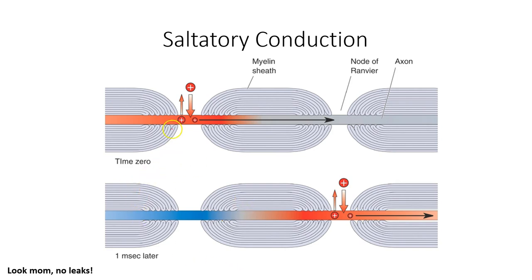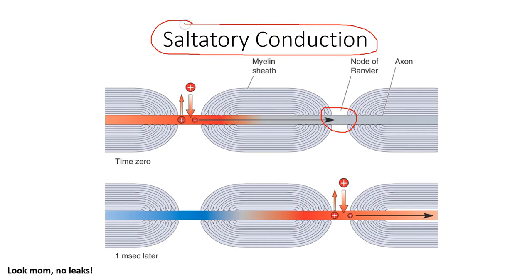In fact, myelinated axons only have voltage-gated sodium channels at the nodes of Ranvier. Underneath the myelin, there are no voltage-gated sodium channels at all. So what myelinated axons demonstrate is something called saltatory conduction.